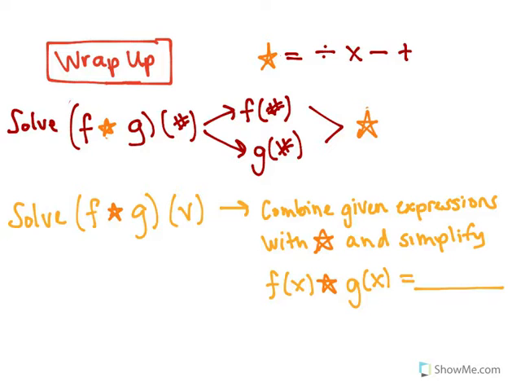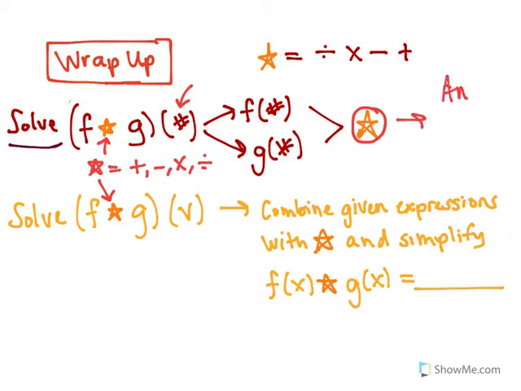So here's just kind of a wrap up. Whenever we're asked to solve, this star equals plus, minus, multiplication, or division. Okay, if we are asked to solve, we're going to split the functions when we're given a number, solve those, and then put back in the operation, and our final answer will have to be some form of a number.